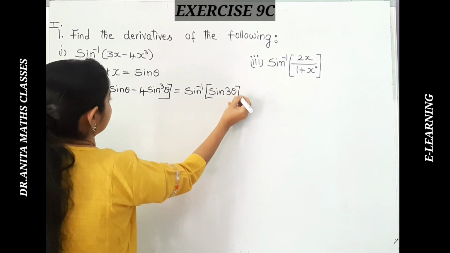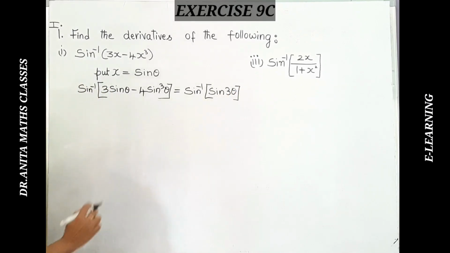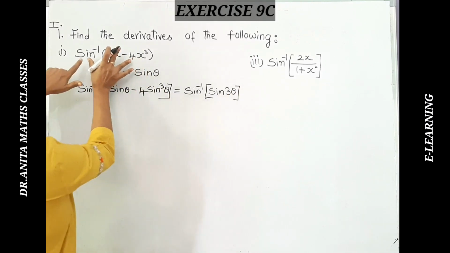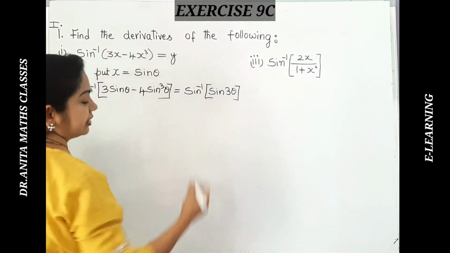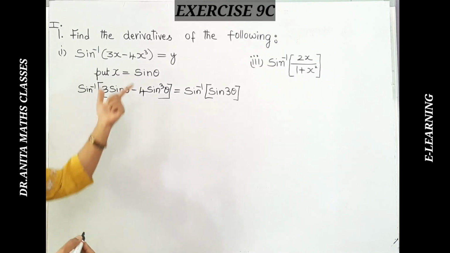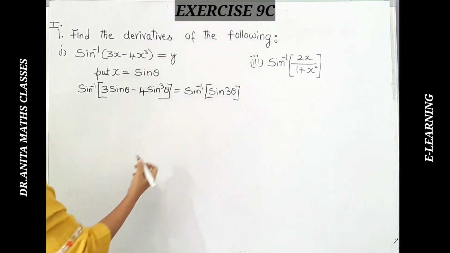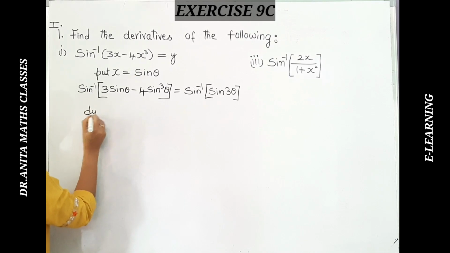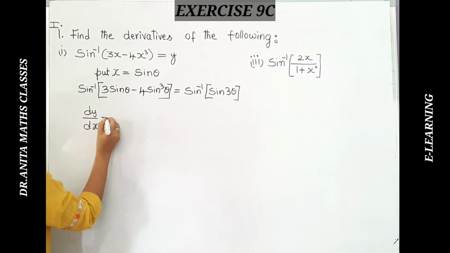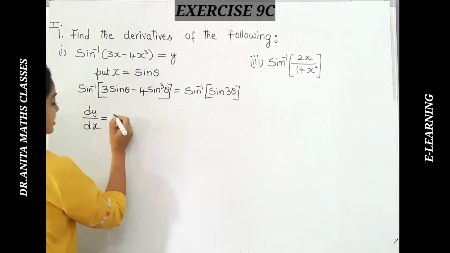So the formula of sine 3 theta we know. Here let us suppose this function as our y. So we have to find the derivative, dy by dx. So this is y. So dy by dx, derivative with respect to x.